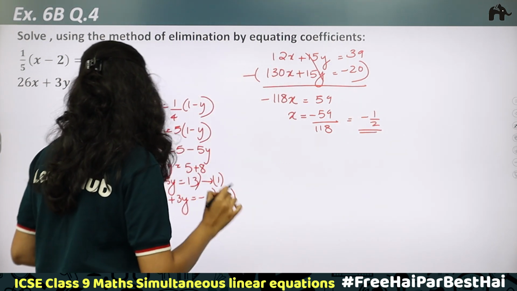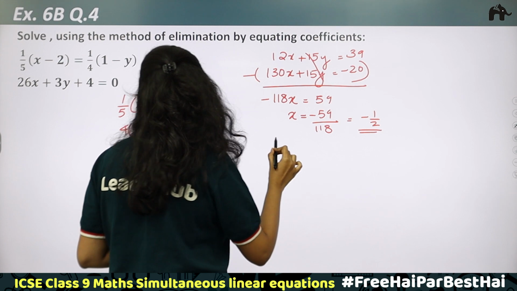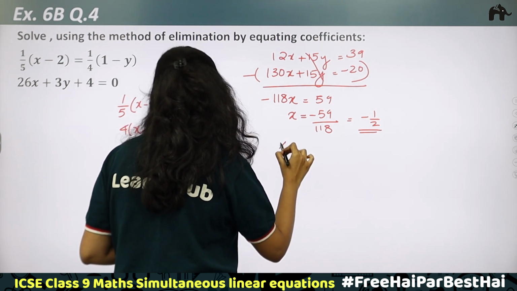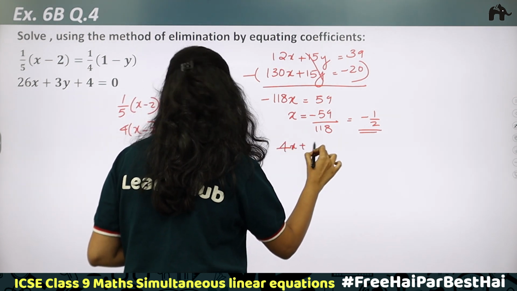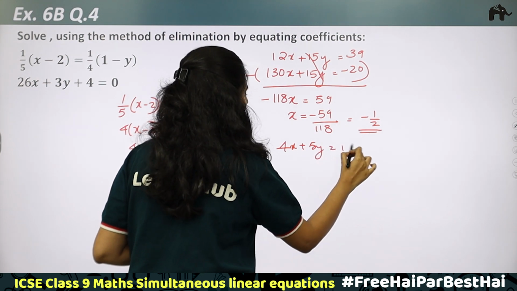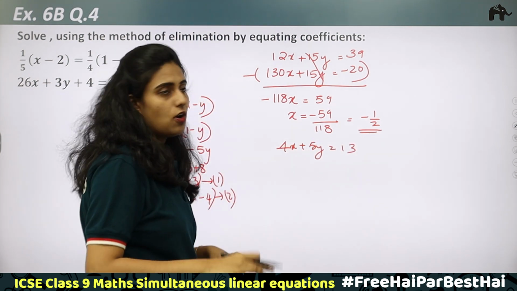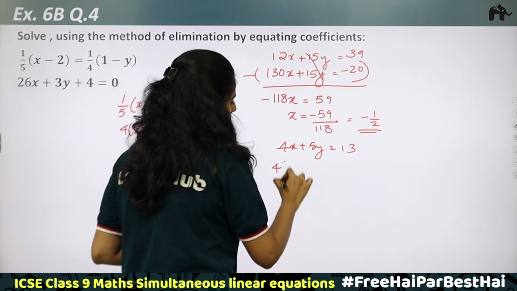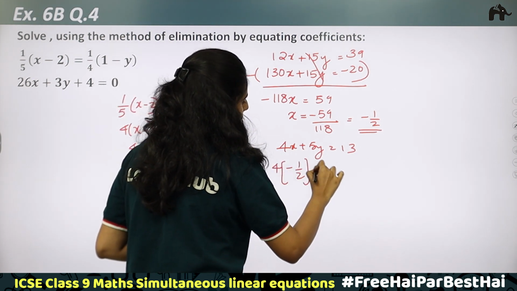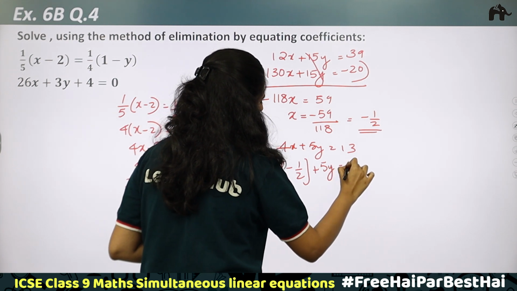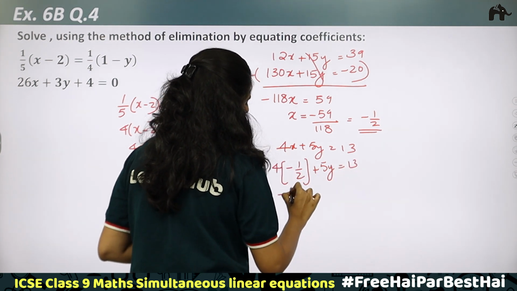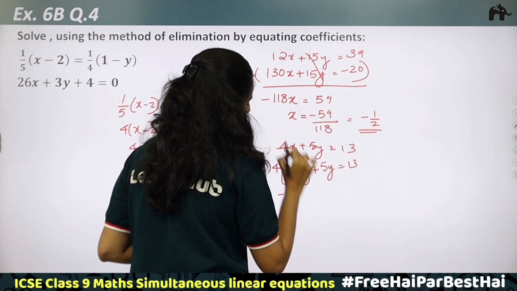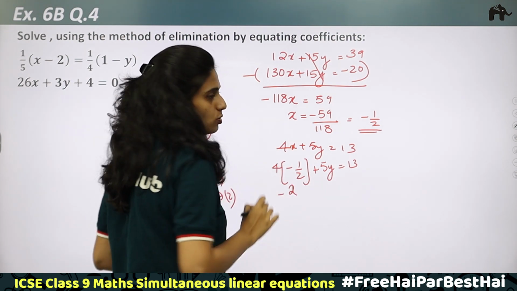Now to find y, we have equation number 1, that is 4x plus 5y is equal to 13. Substitute the value of x in the first equation. So 4 into minus 1 by 2 plus 5y is equal to 13. Okay, 4 and 2 can be cancelled.